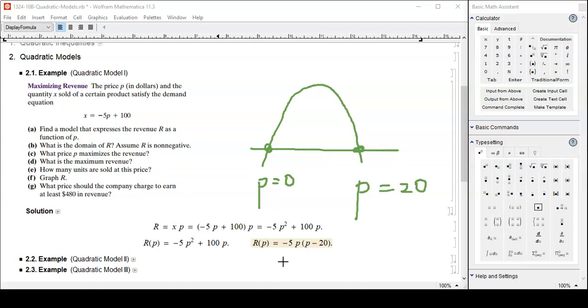And one more. By the symmetry, we have this vertex here. That takes place at P equals 10. Remember, the average between these two by the symmetry. So the price is 10. Plug that into either this form or that form, and I'm going to get the maximum revenue. So you can get everything.